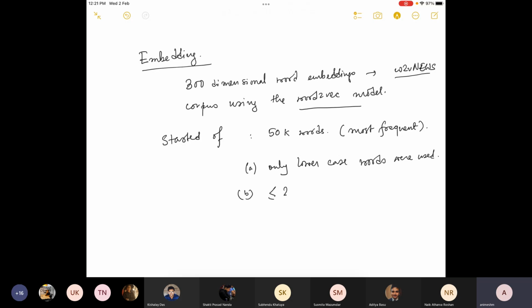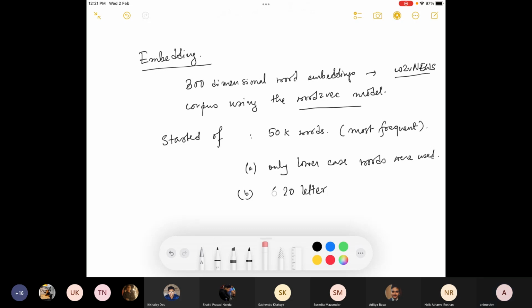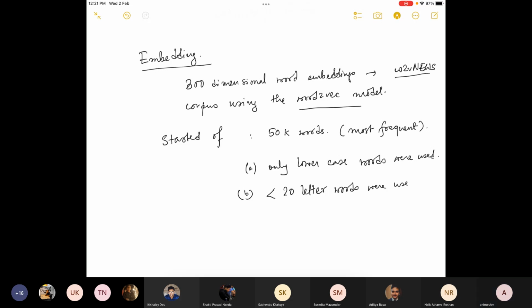Less than 20 letter, except less than, not less than, equal to. Less than 20 letter words were used.